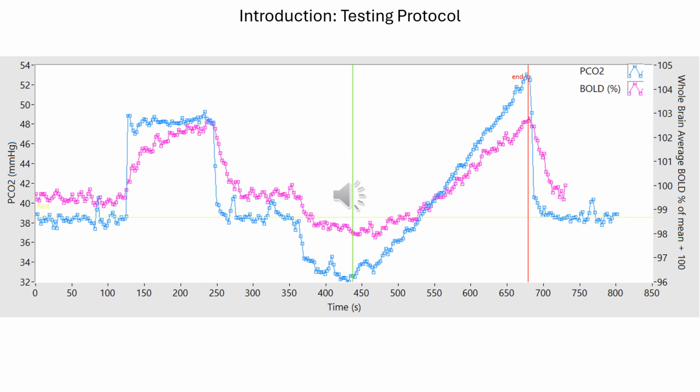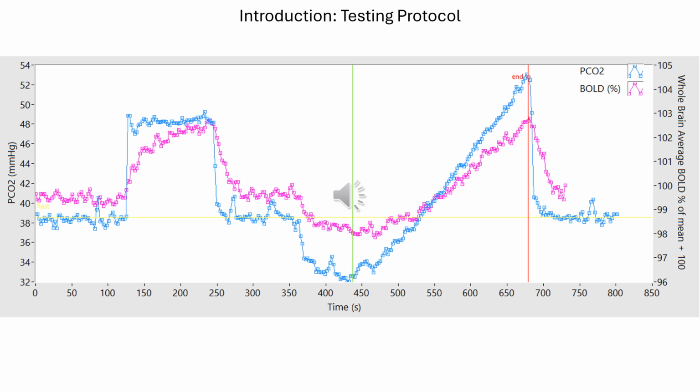Responses to CO2 of individual extracranial supply vessels, like the carotid artery, as well as the intracranial middle cerebral artery, can be assessed using transcranial Doppler measurements of blood flow velocity.